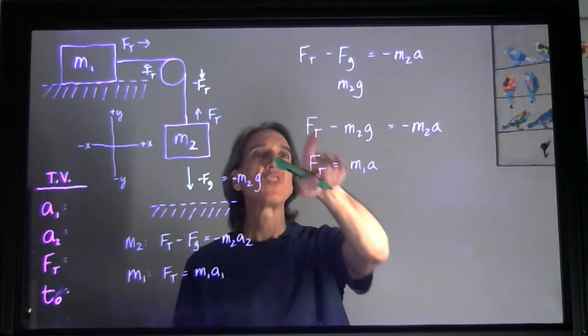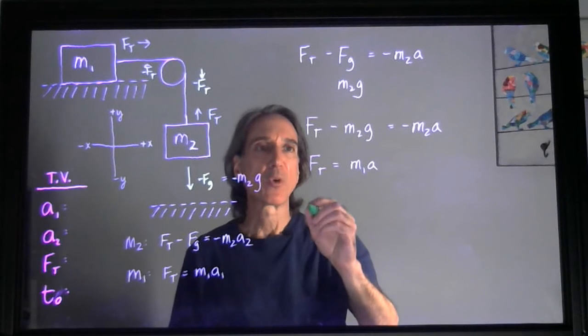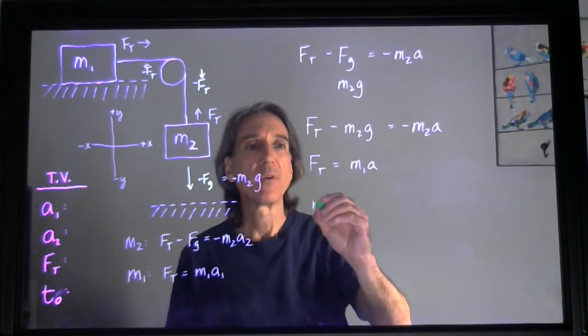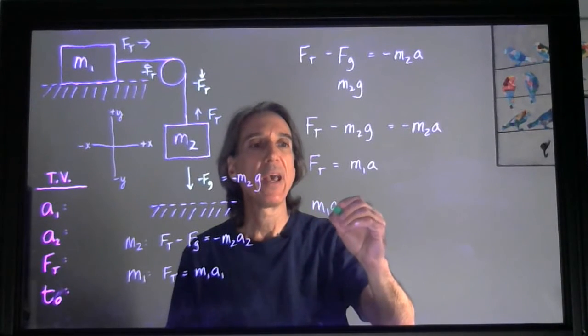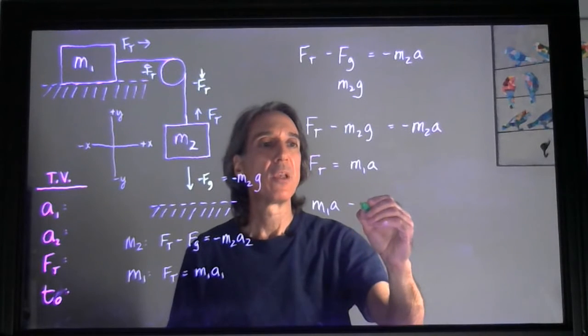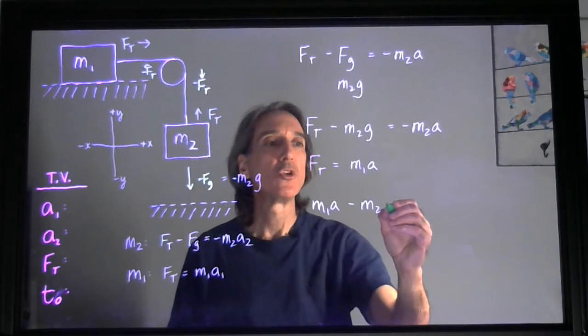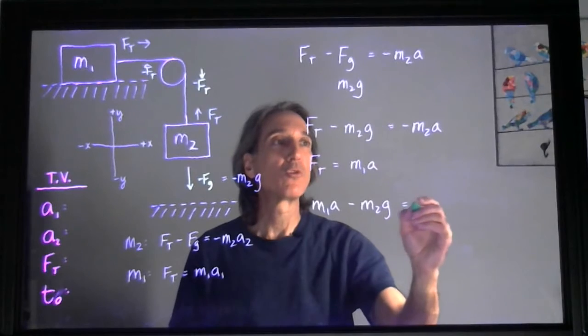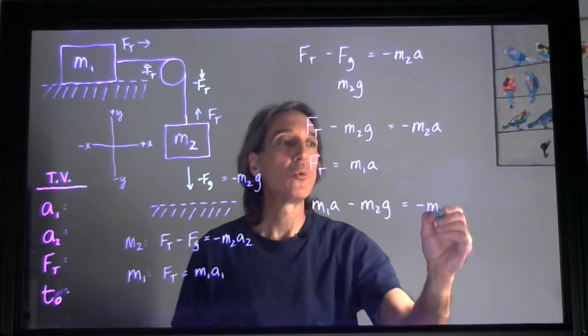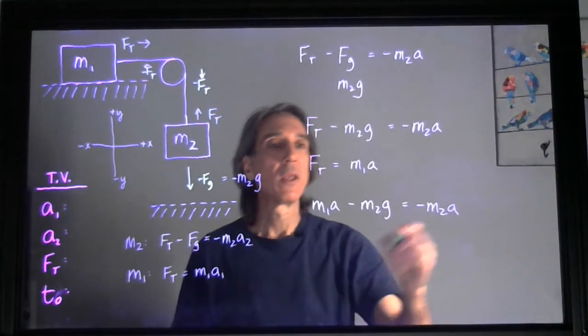Now we can just make this substitution into our top equation here. We have m1a minus m2g is equal to minus m2a.